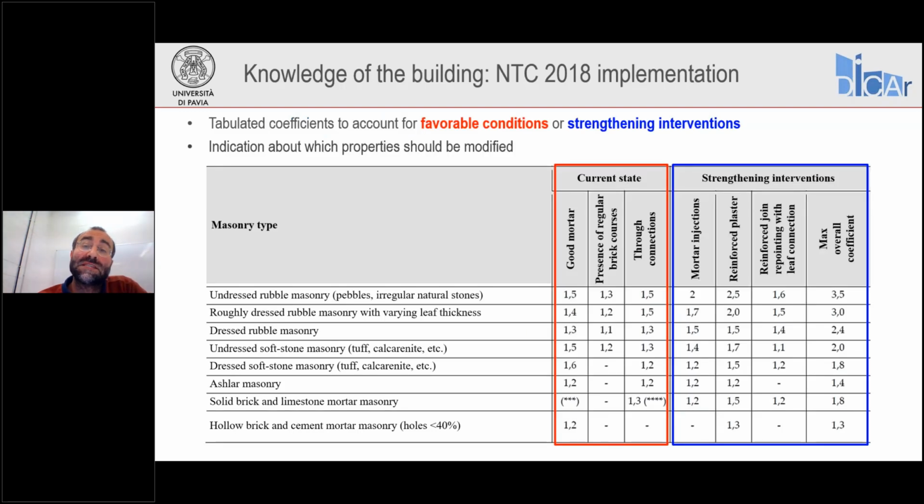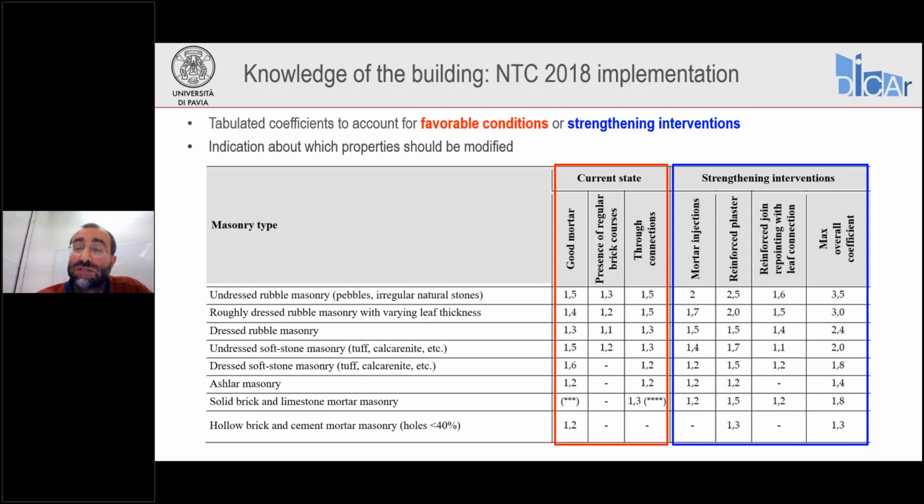Also, in NTC 2018, we can find a table with coefficients that can be applied to the aforementioned ranges of properties to increase those values depending on particularly favorable existing conditions, and these are the values within the red rectangle, or improvements due to strengthening interventions.